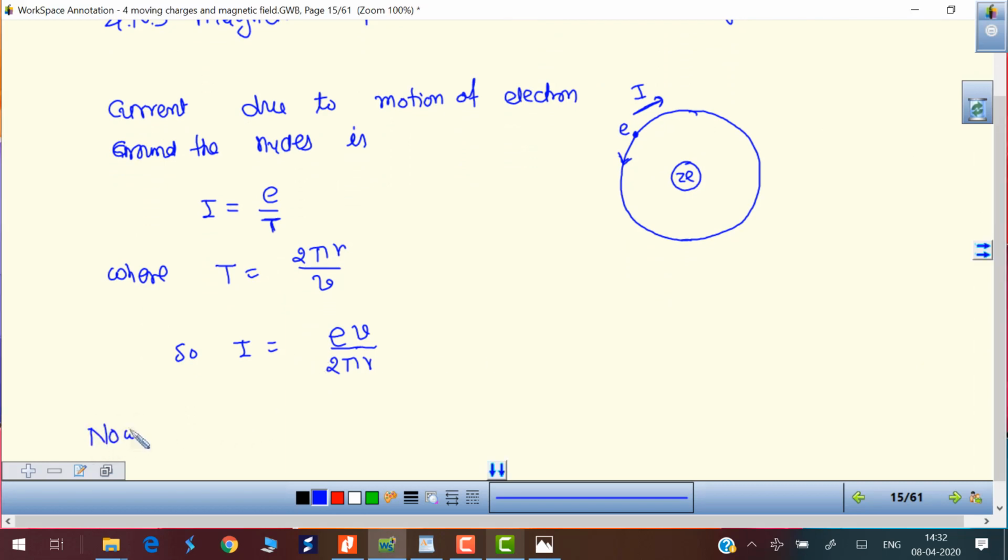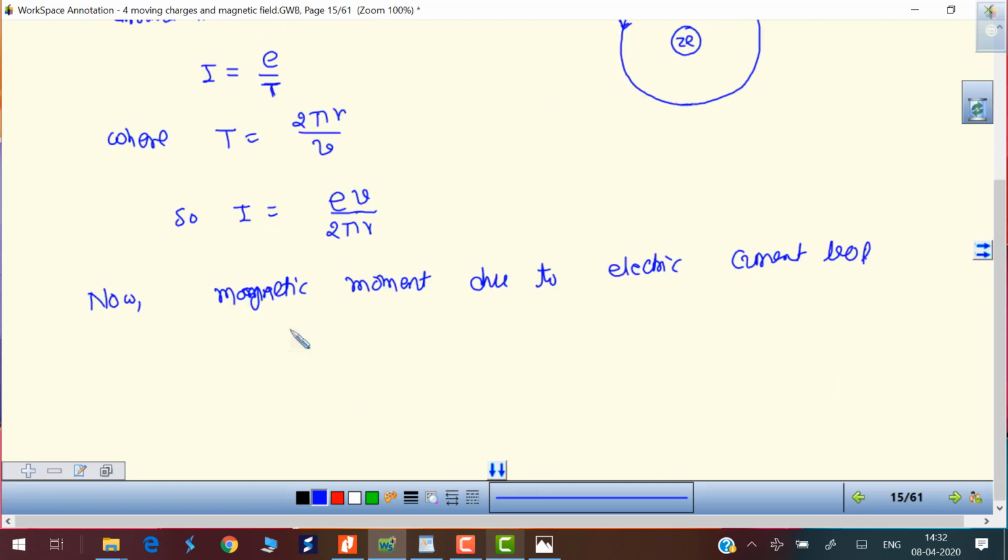Now the magnetic moment due to electric current I, current loop, is M equals, here I use a different symbol, mu equals I A. So what is I? e v upon 2 pi R, into area pi R squared, where R is the radius of the orbit.